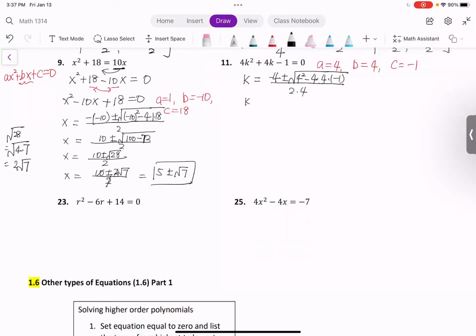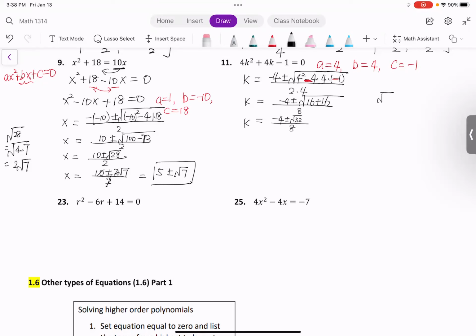And simplify the expression, k equals -4 plus or minus, 4 squared, that's 16. And negative, that's positive. So we have plus 16, plus 16 divided by 8. So k equals -4 plus or minus the square root of 32 over 8.